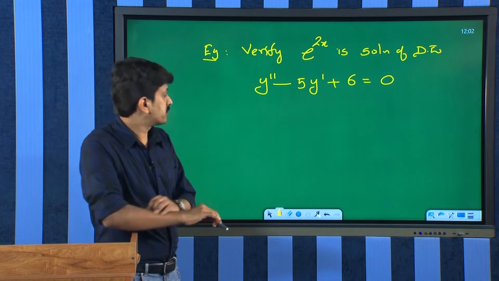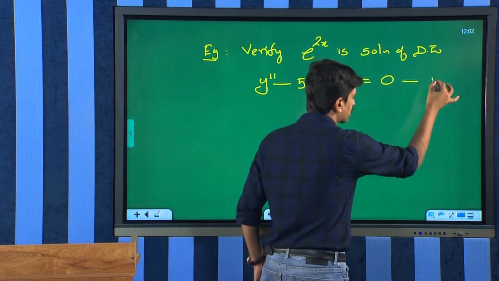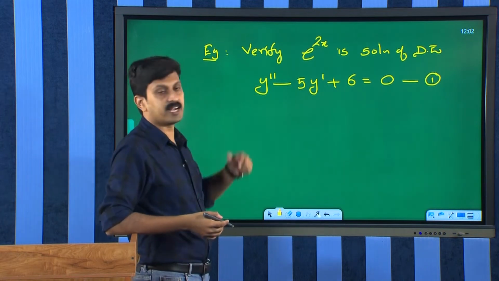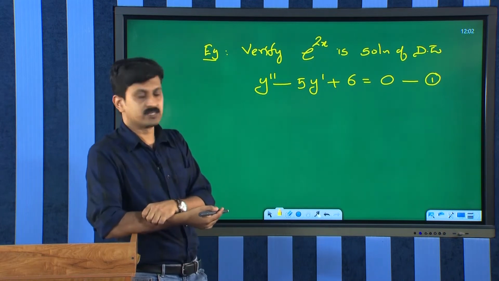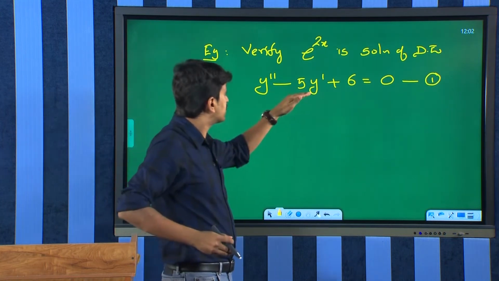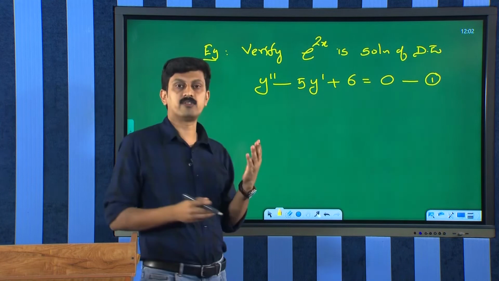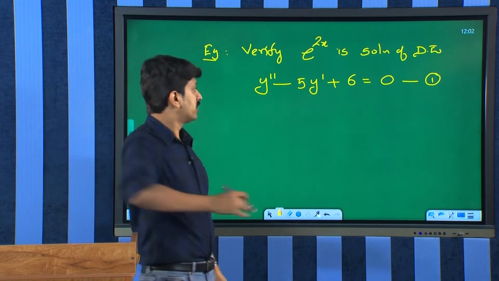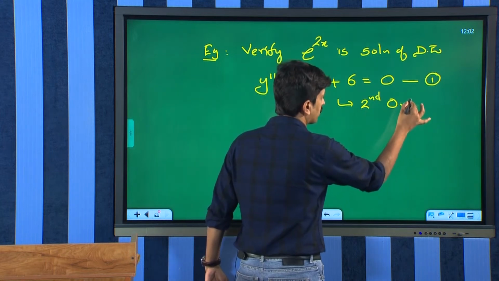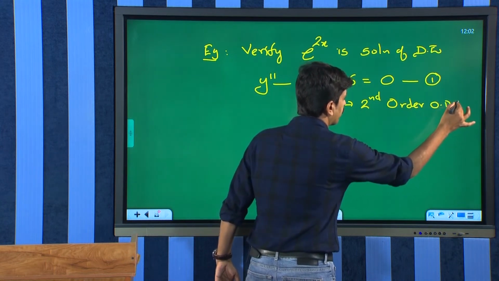While evaluating this differential equation, I put it as equation number 1. Here y double dash is the second order derivative and y dash is the first order derivative, so the highest order derivative is the second order derivative. So this is a second order ordinary differential equation.